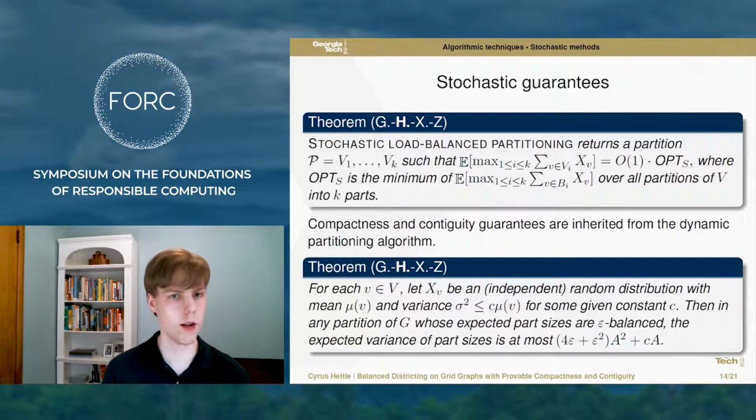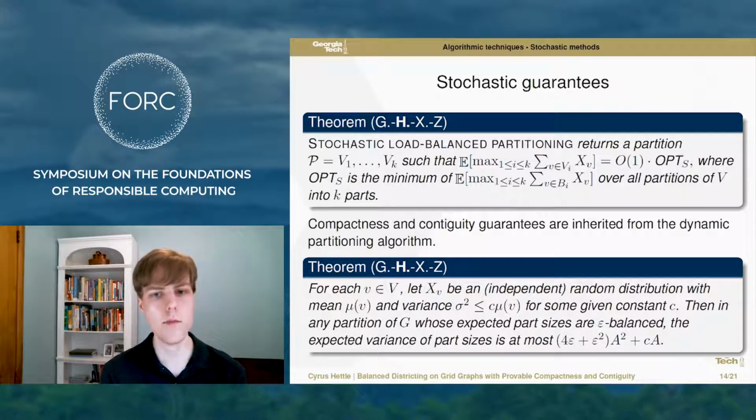So this also comes with guarantees. The stochastic load balancing partitioning algorithm will return a partition whose expected maximum part size is within a constant multiplicative factor of the optimum over all partitions of the vertex set into k parts. And the compactness and contiguity guarantees that we get are inherited from the dynamic partitioning algorithm as well.